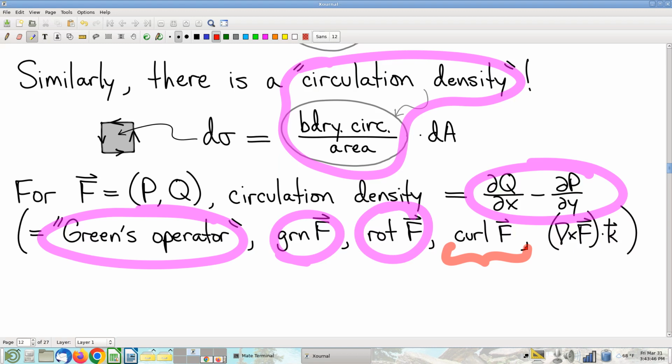My problem with it is that this thing is a scalar. The formula right here is clearly a scalar, right? Curl, as it's been defined in 3 dimensions, is not a scalar, it's a vector. And so this thing being significantly different, it's not just different, it's a different kind of critter.